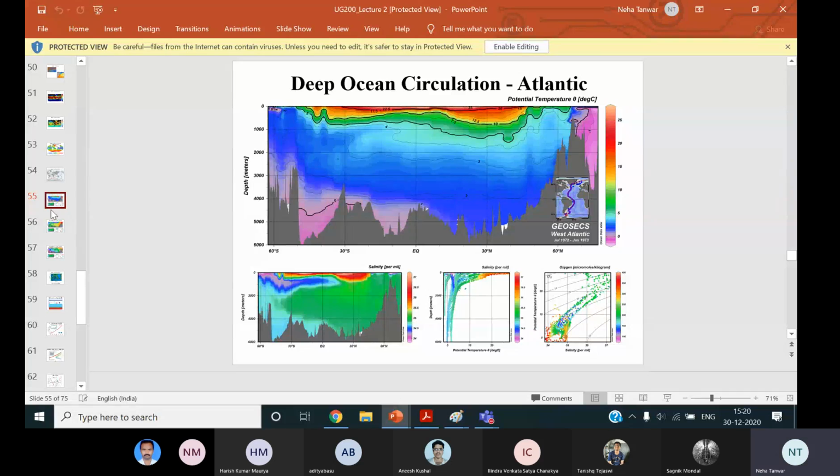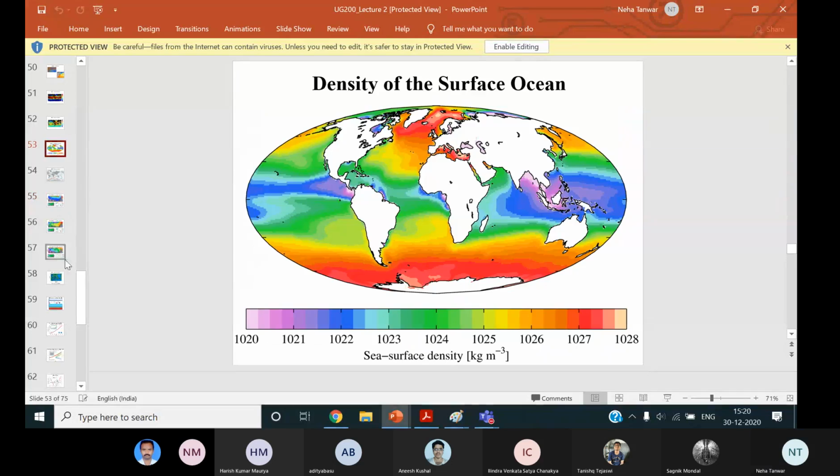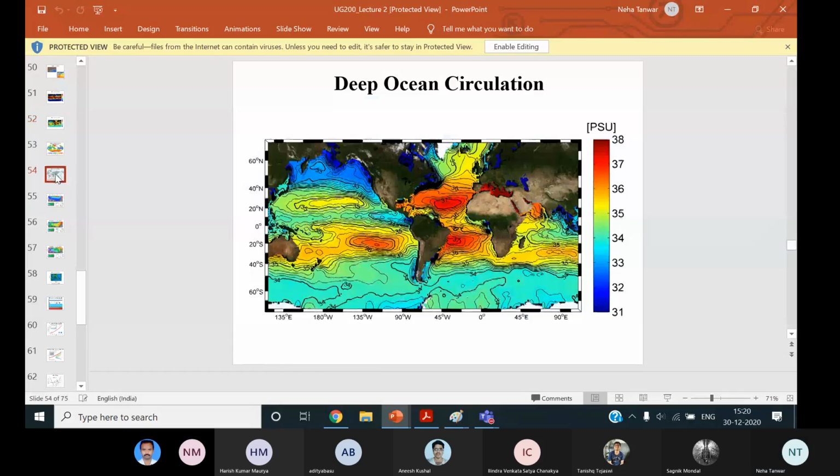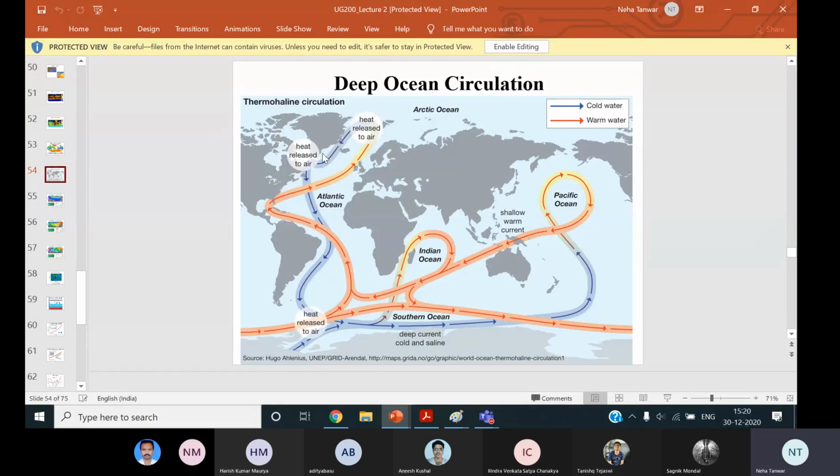And to remember one thing, we have deep water formation taking place here, but not in the Pacific. There can be cold water in the Pacific as well. Let's say they are at the same latitude, so their temperature is equally cold.